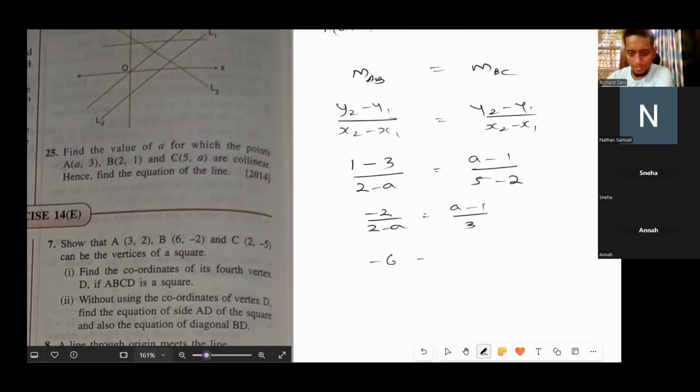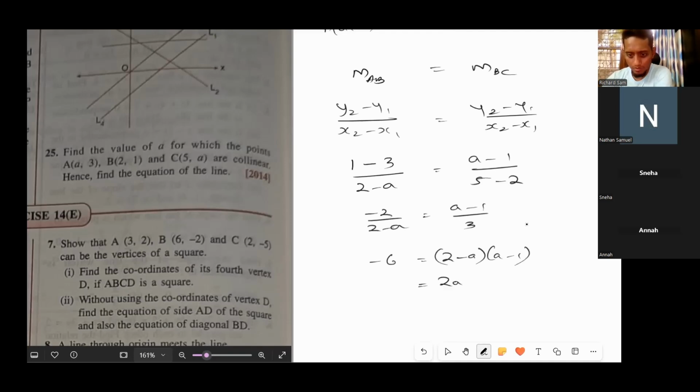So it's minus 6 is equal to, cross multiply, you get 2 minus A into A minus 1.